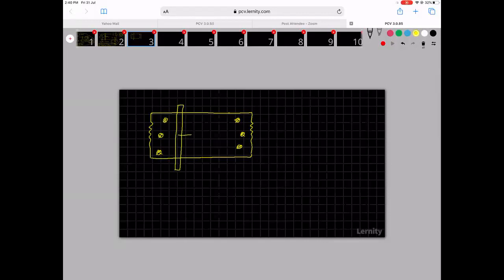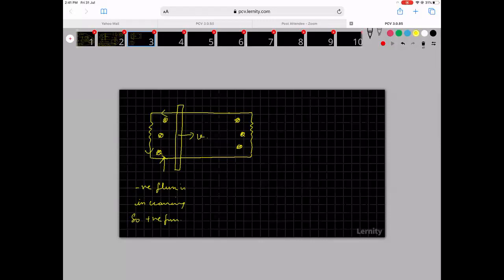If you're moving this side with the rod with the velocity v, here on this side, negative flux is increasing. So for positive flux, we will have anti-clockwise current.